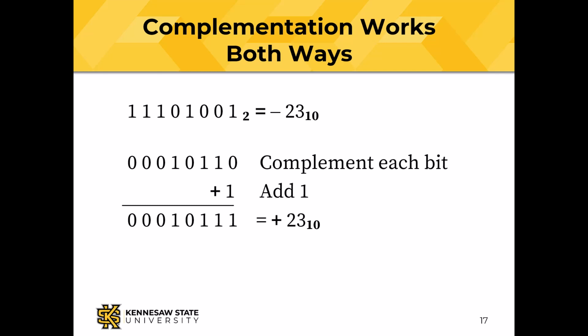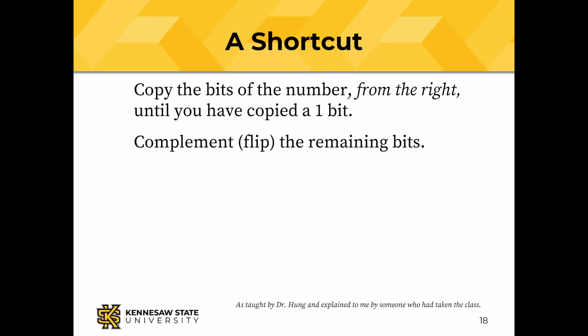Now, that was the mechanism for finding the 2's complement by subtracting from 0. There is a shortcut, and the shortcut is this. Copy the bits of the number from the right until you have copied a 1 bit, then complement, that is, flip the remaining bits. So let's look at that.